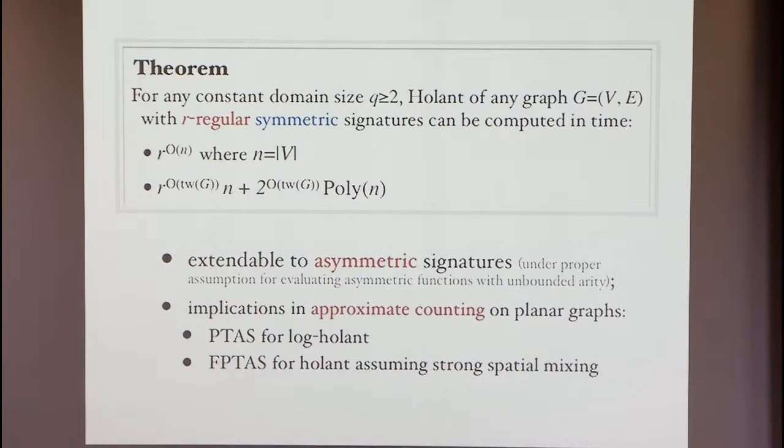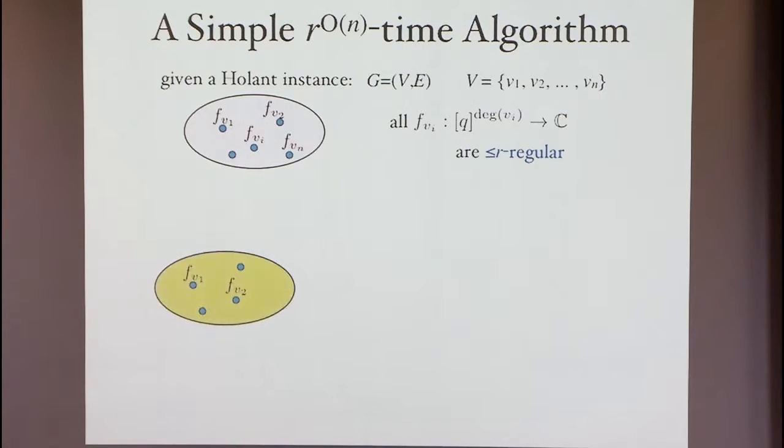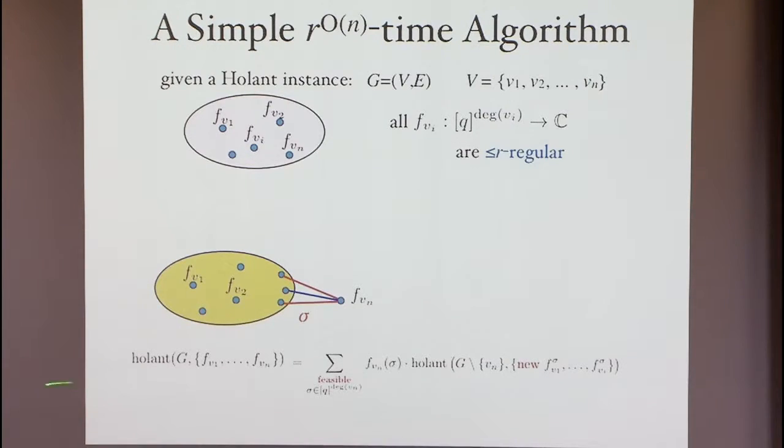Let me first talk about this simple exponential time algorithm. Given a Holant instance, we assume an arbitrary ordering of vertices. We pick the very last vertex and enumerate all possible configurations on its incident edges, and this gives us a simple recursion for the Holant.